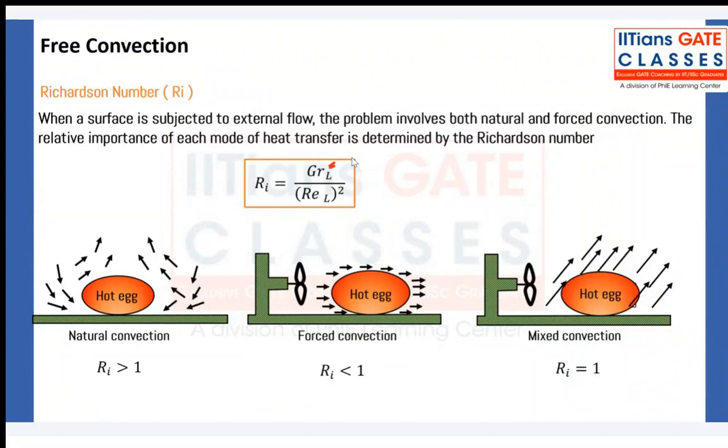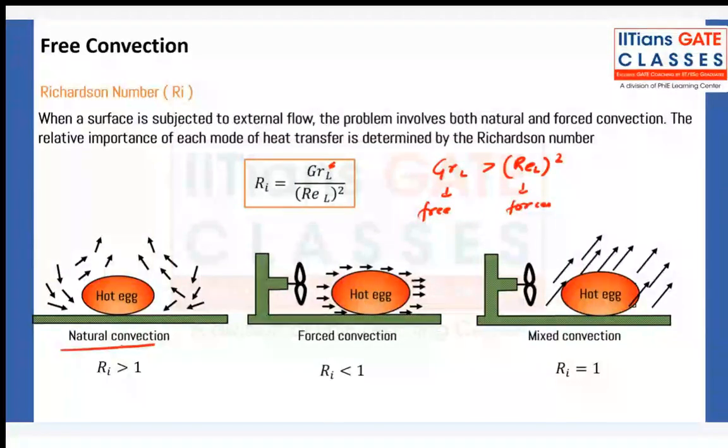If Richardson number is greater than 1, Grashof's number is greater than Reynolds number squared, so natural convection is dominating.